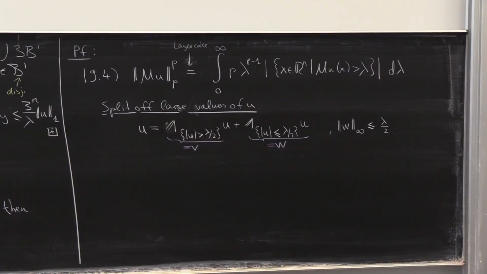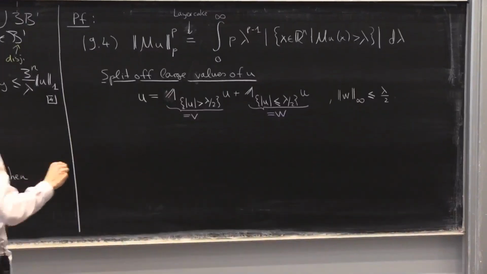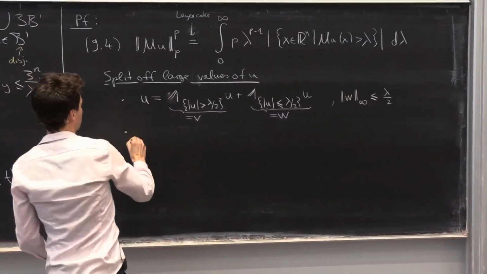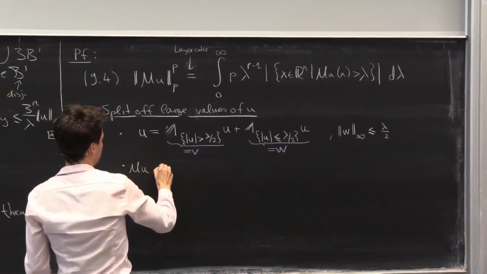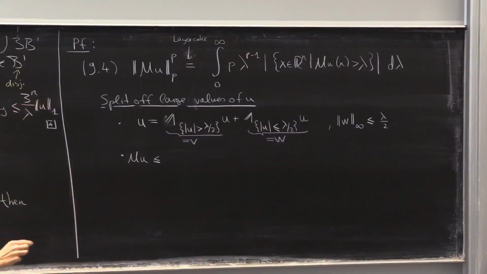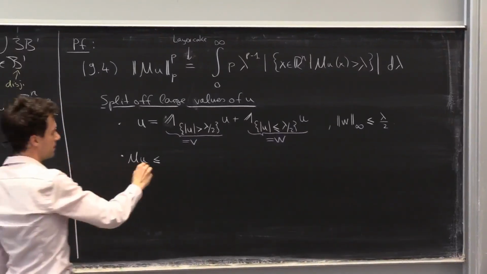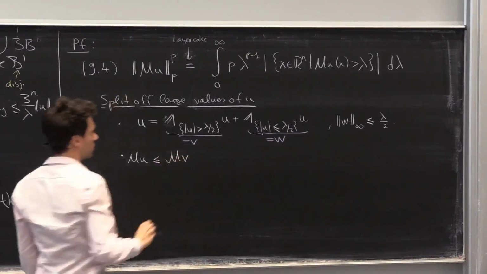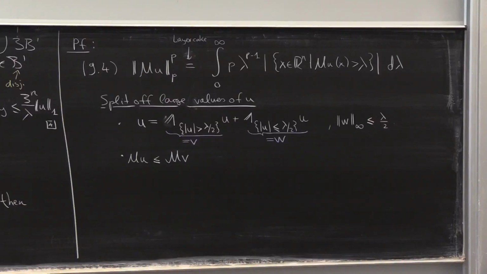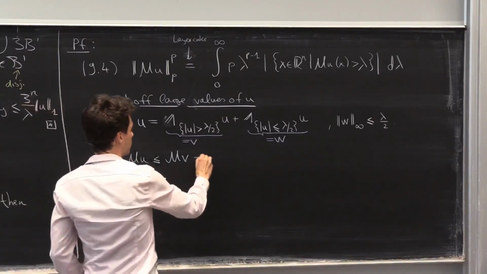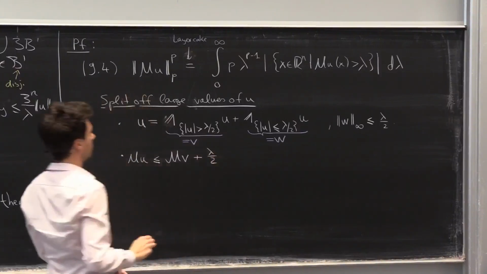And so that means that the maximal function M of u is pointwise controlled. You use sublinearity, you get the maximal function of v plus the maximal function of w, but because w is bounded by lambda over 2, I can just put lambda over 2 here.